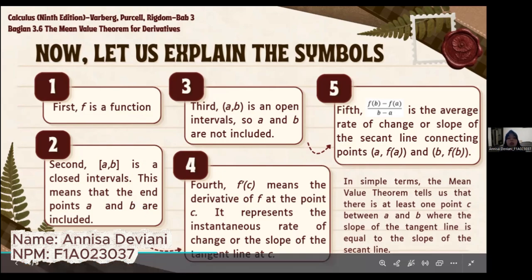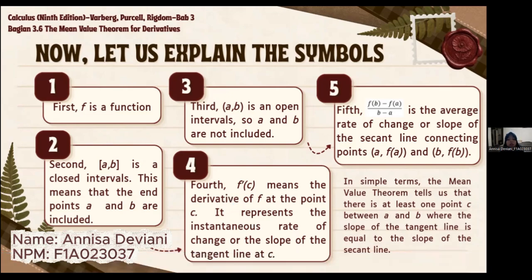Fourth, f prime of c means the derivative of f at the point c. It represents the instantaneous rate of change or the slope of the tangent line at c.